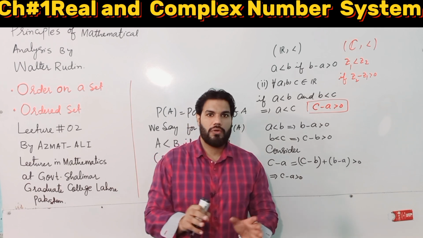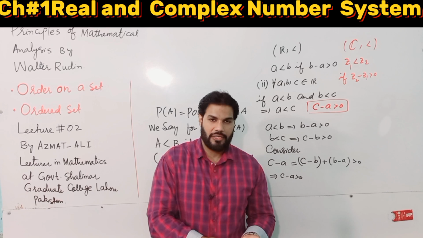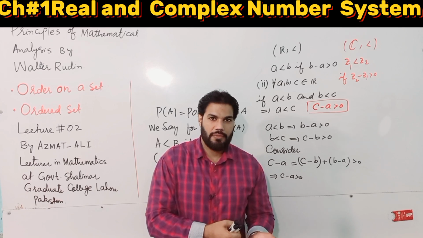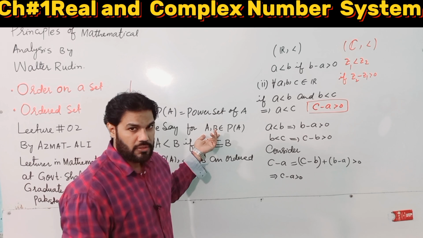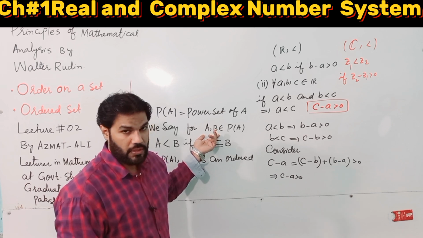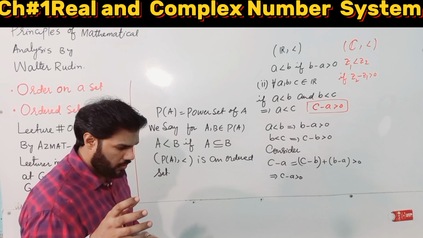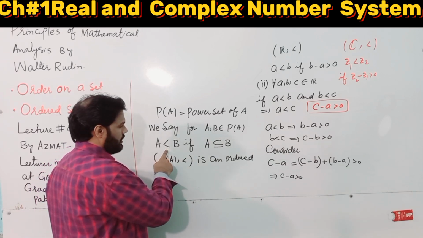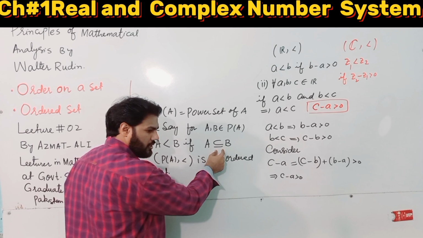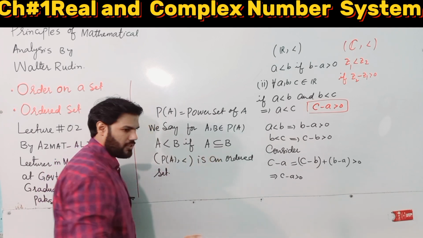But we do not use the term first set is less than the second set, because A and B are sets. These are not numbers. So now you can observe that this less than sign is actually the subset or equal relation.